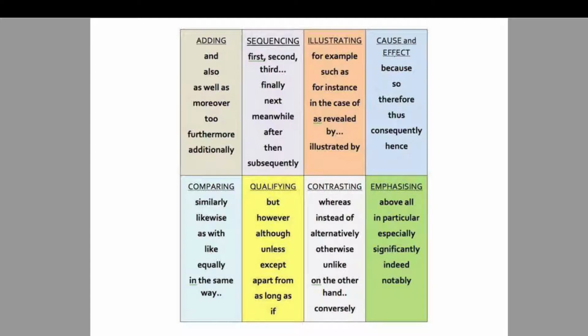You have cause and effect words, comparing, qualifying, contrasting, and pay attention to these two because they're easily confused with one another, and emphasizing. I'm not going to go into the nuances of each of these in this video, but use this as your starting point if you're not sure how to distinguish between one transition word and the next. Okay, so now let's go back.